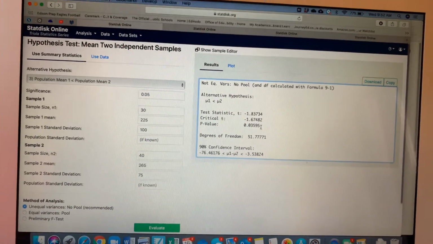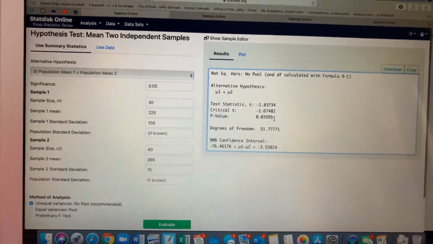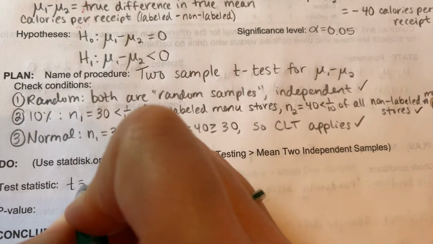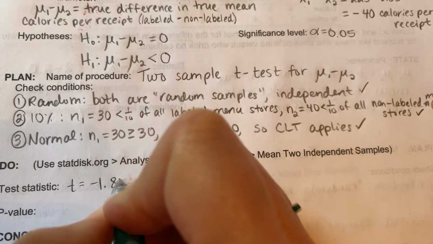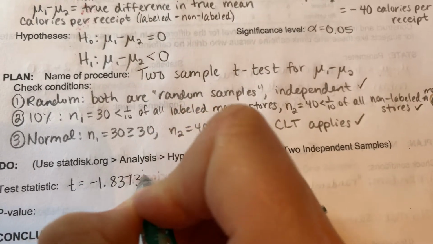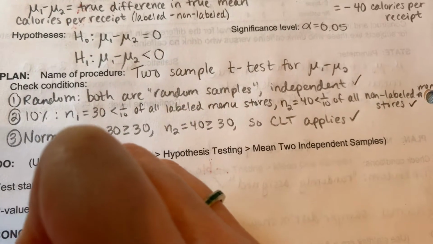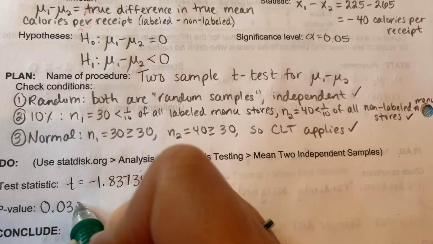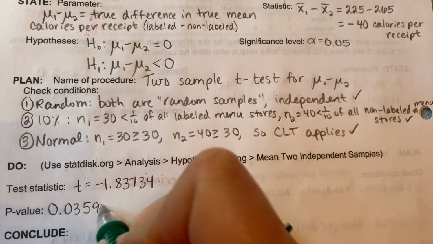Okay. All right. So our test statistic is t is equal to negative 1.83734, and my p-value is 0.03595.